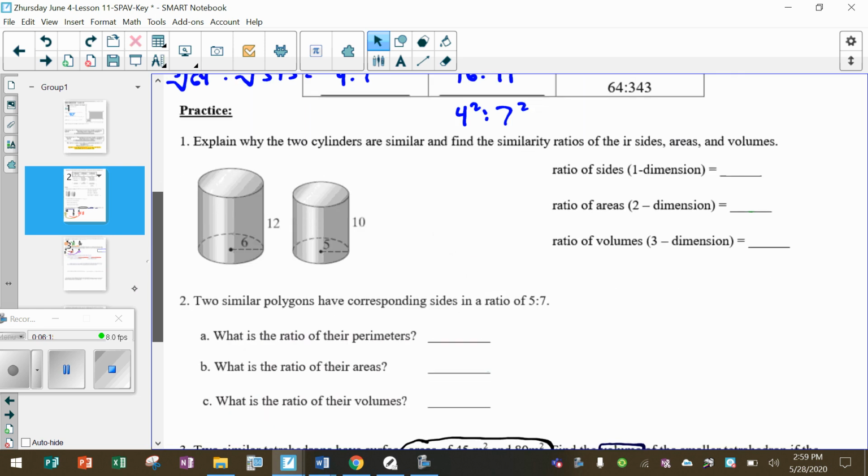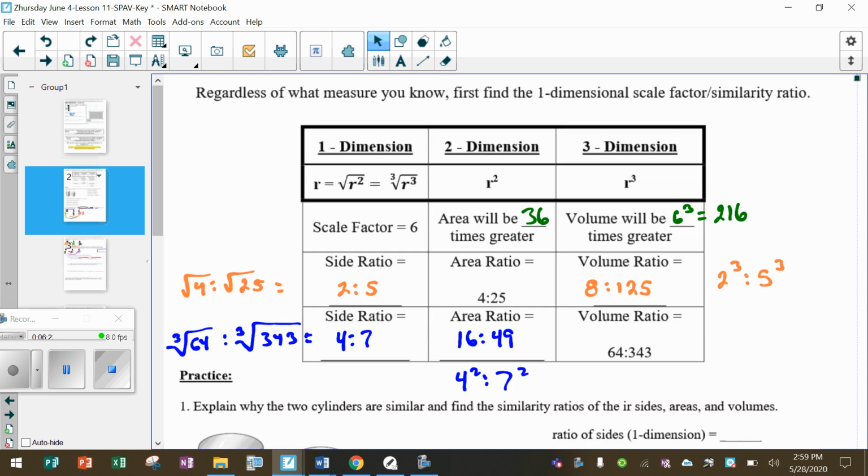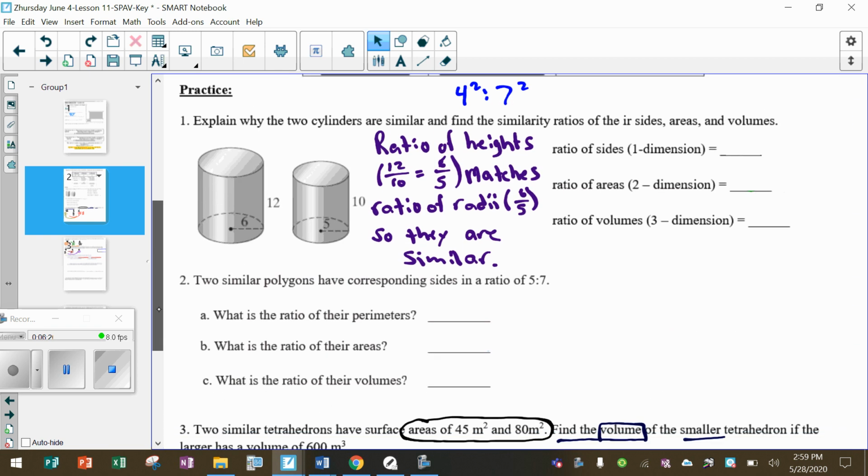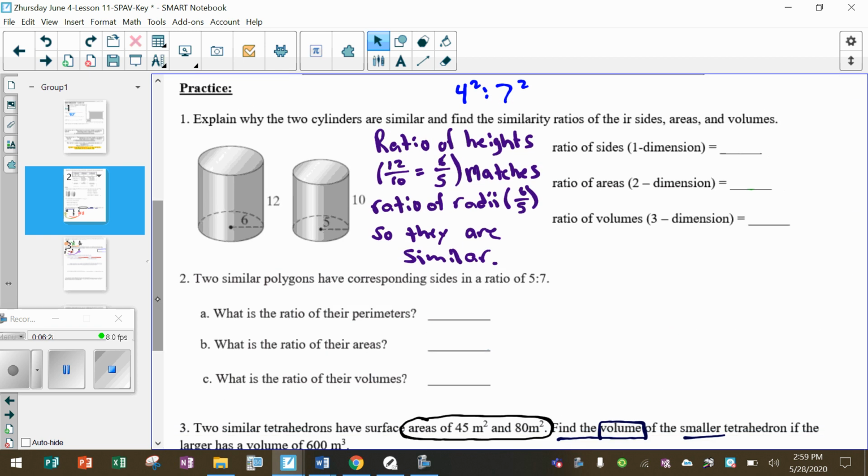Explain why the two cylinders are similar and find the similarity ratios of their sides, areas, and volumes. The reason these two shapes are similar is because the ratio of the heights, which would reduce to 6 to 5, equals the ratio of the radius lengths, the radii, which is 6 to 5. That means they are similar.